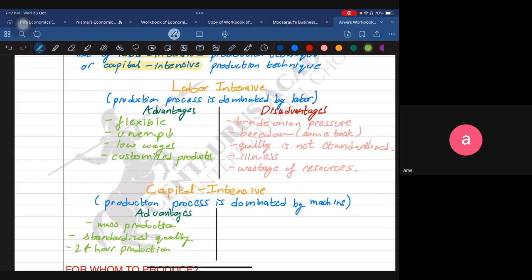Then there will be no illness, so there will be no holidays. So there will be a continuous line of production. There will also be fewer errors, so less wastage of resources. That is important. Because the previous point that you gave about illness can be covered in the 24-hour production as well. Yes, sir.